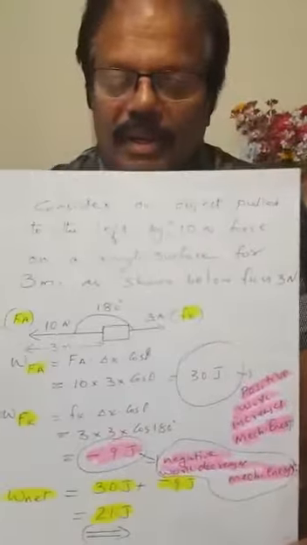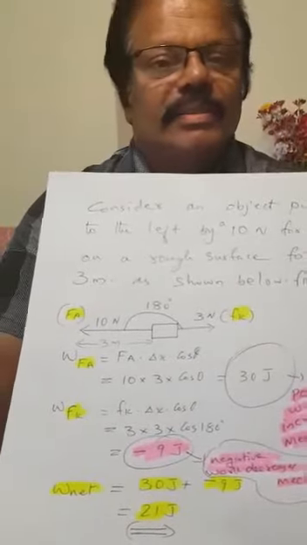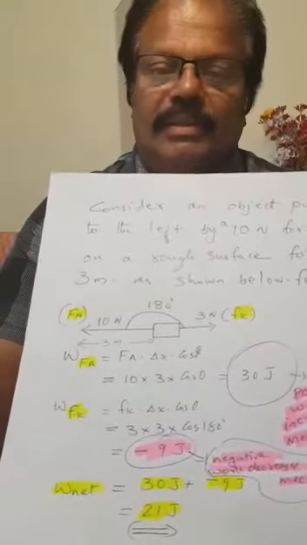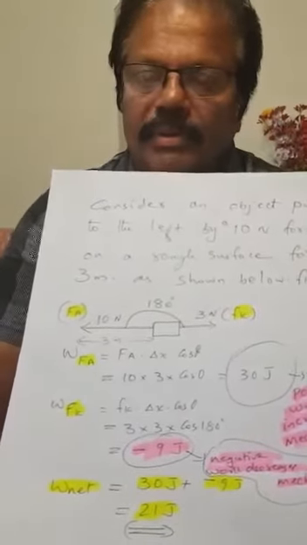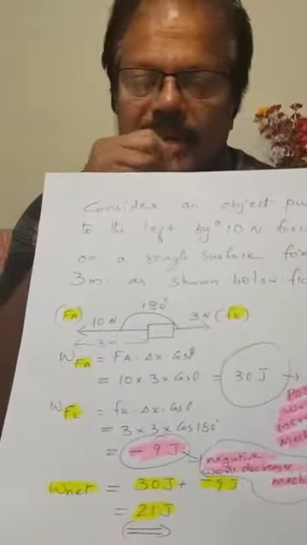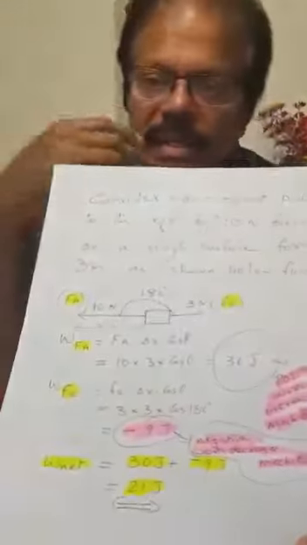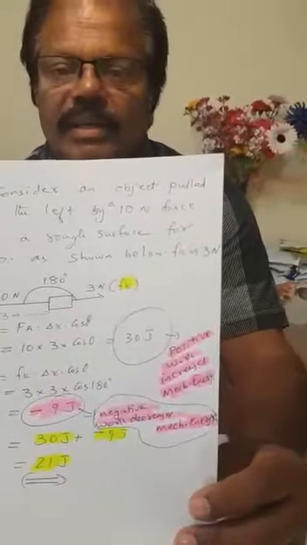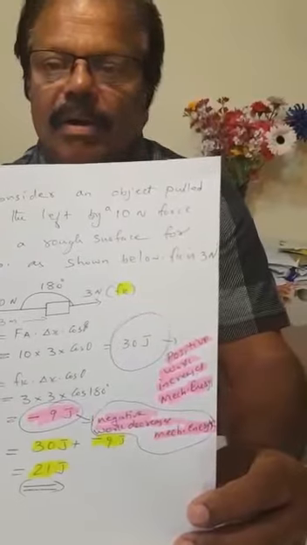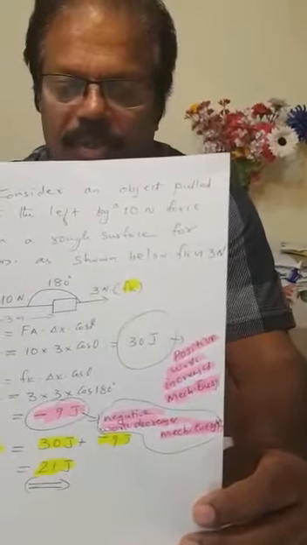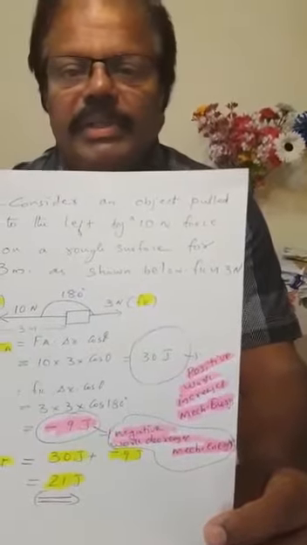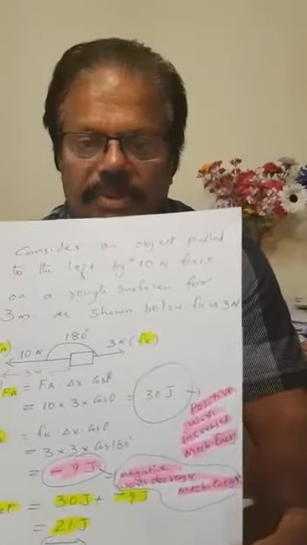Remember, I already mentioned that work is a scalar quantity. So how do we account for the negative sign? This is what we must understand there. Positive work means the work which increases the mechanical energy of the object or the system, and negative work means the work which decreases the mechanical energy of the system.